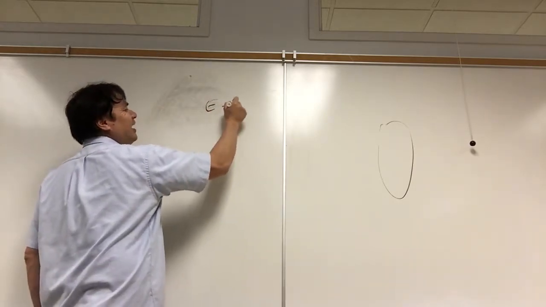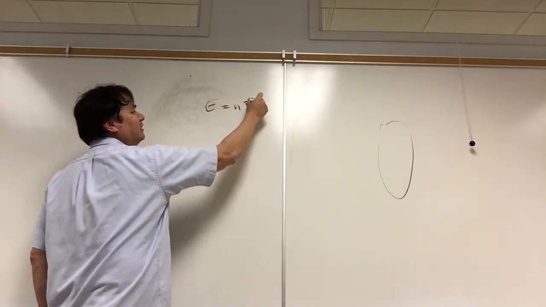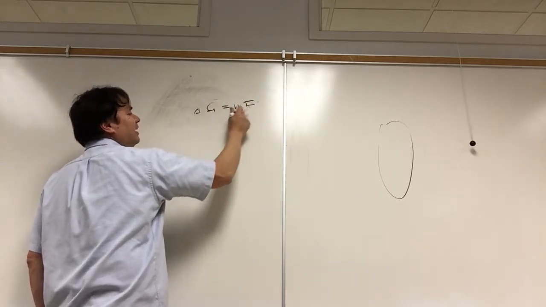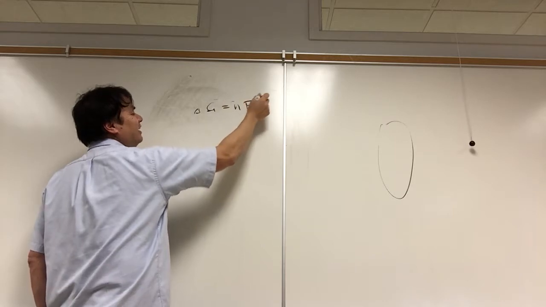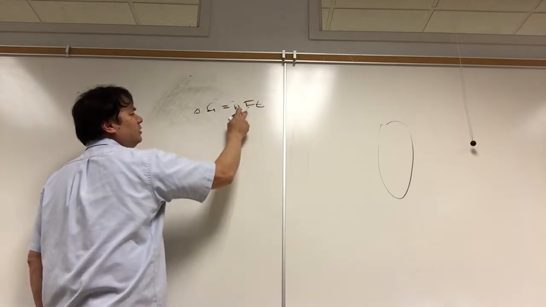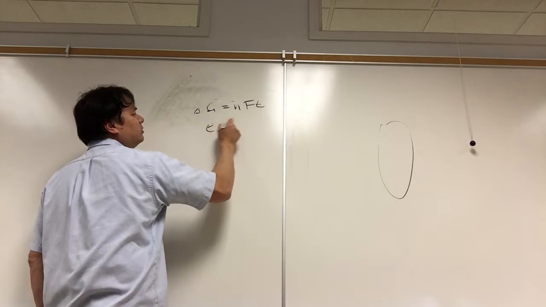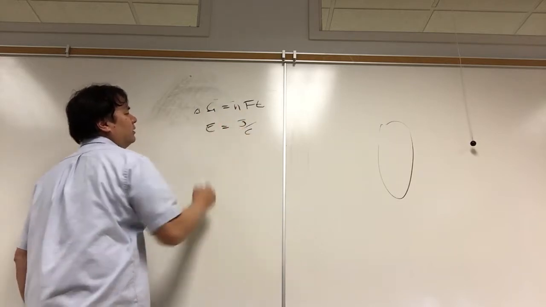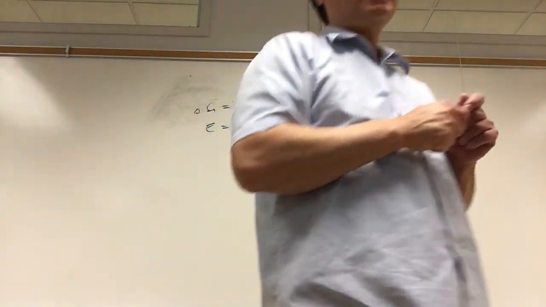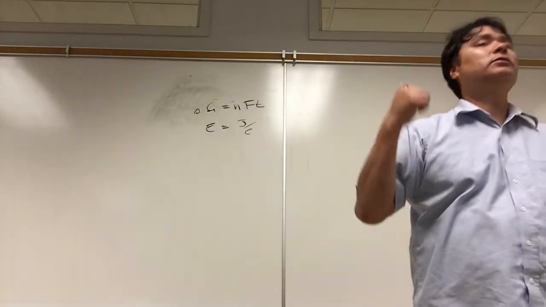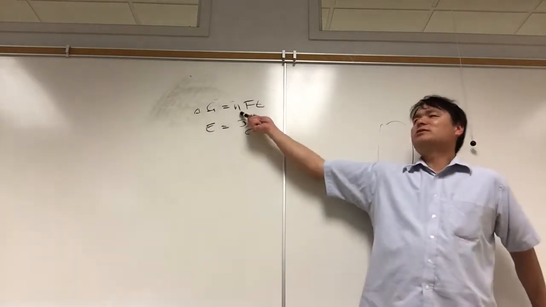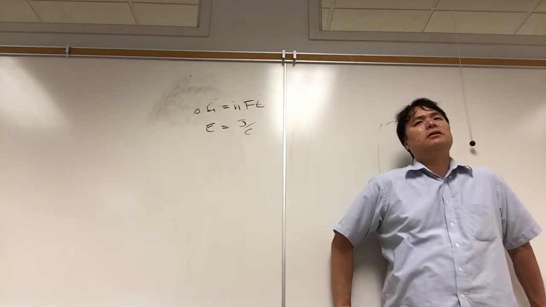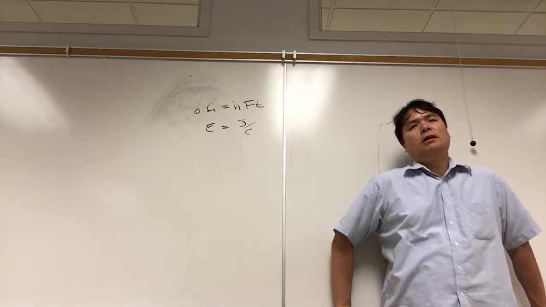Because delta G is equal to negative nFE. Right, and so you're right, a volt is equal to joules per coulomb, not joules times coulomb, sorry. So this I might not give you, because I'd give you this equation and expect you to be able to figure out the units by dimensional analysis.